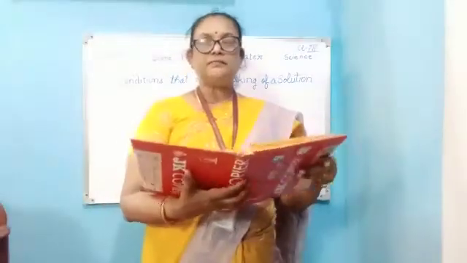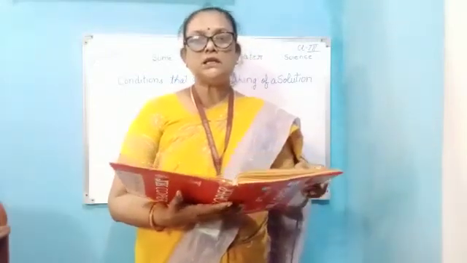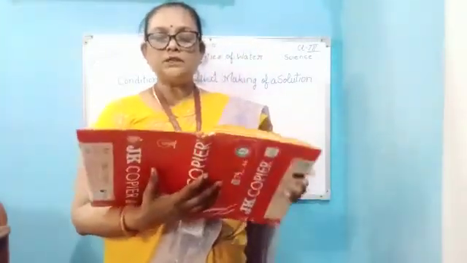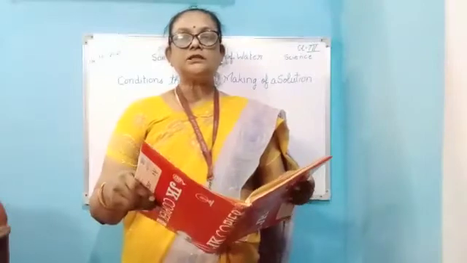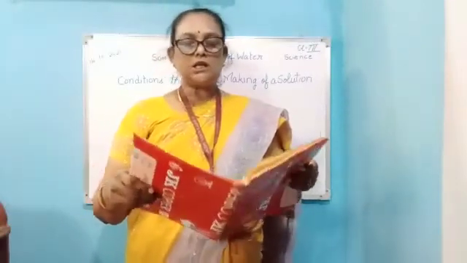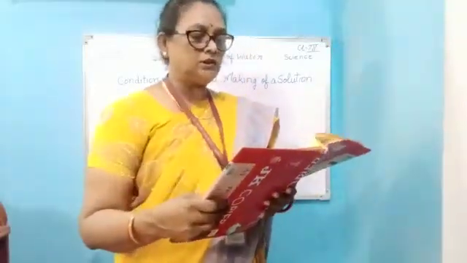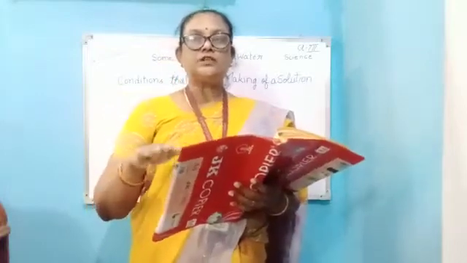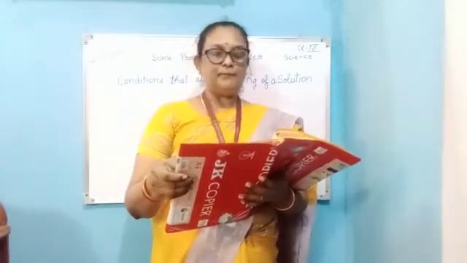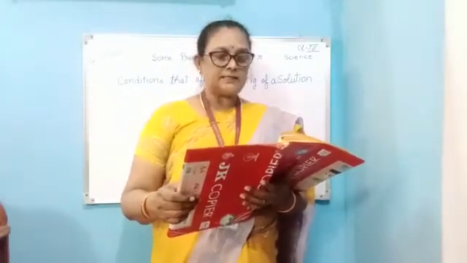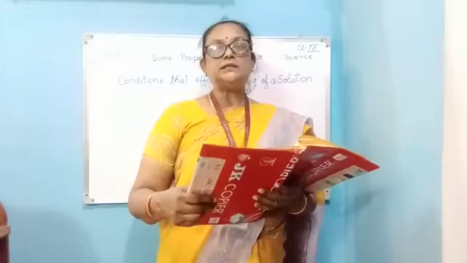Next page we see objects that float and sink in water. Some objects float in water, and some objects are heavy, they sink in water. Objects lighter than water remain on the surface of water. This is called floating. For example, paper, plastic, thermocol, cork are lighter than water.